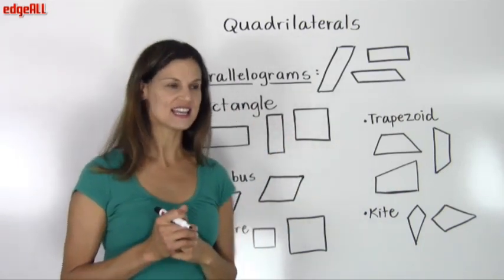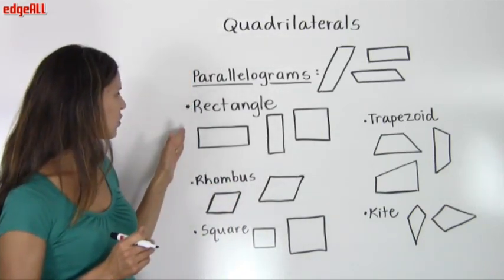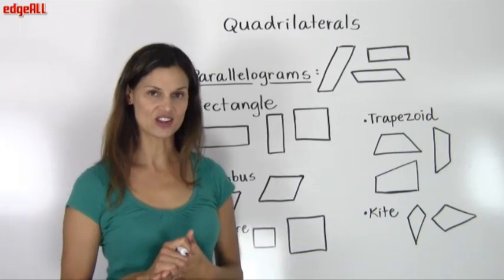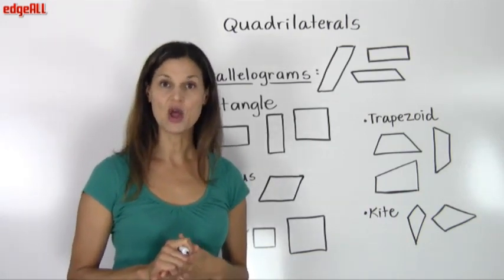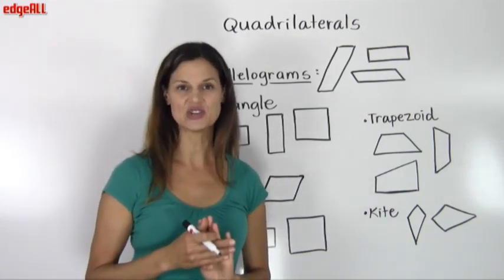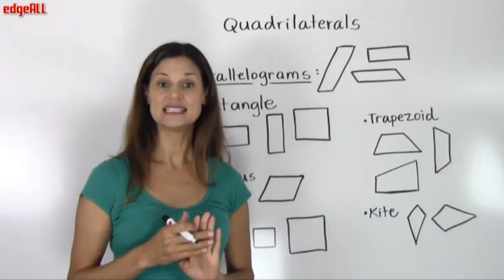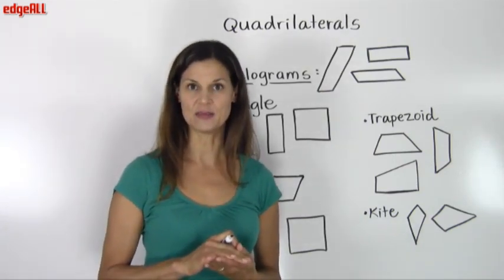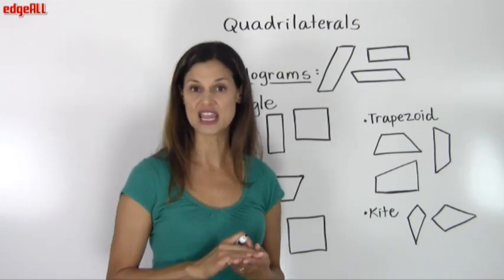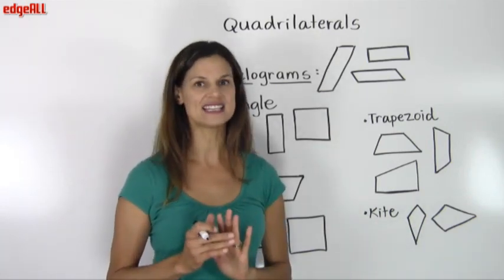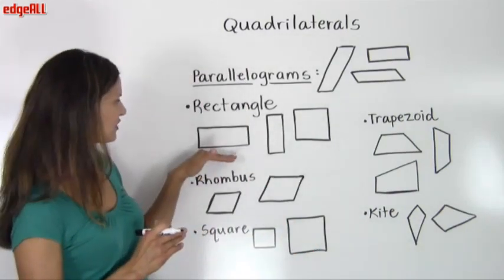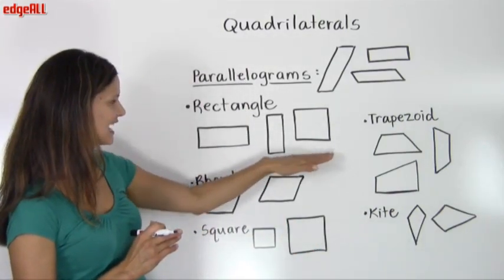So the first shape that we're going to look at, the first quadrilateral, is a rectangle. A rectangle is a parallelogram with 4 90-degree angles. Since a rectangle is a specific type of parallelogram with 4 90-degree angles, all rectangles are also parallelograms. So I've drawn 3 examples of rectangles here.